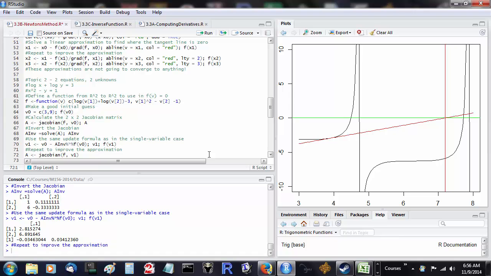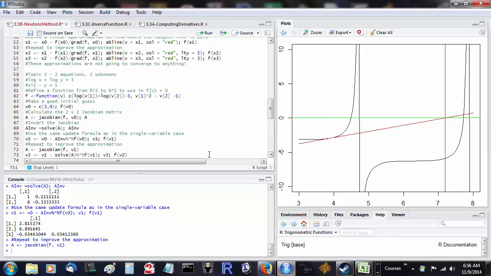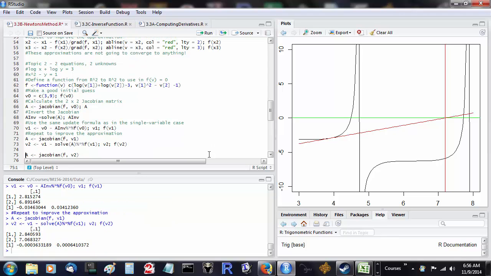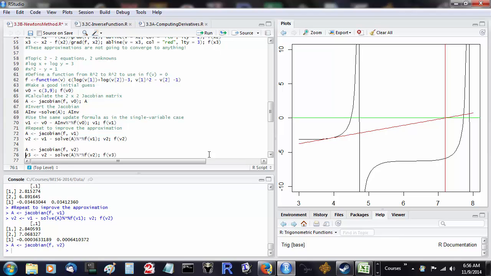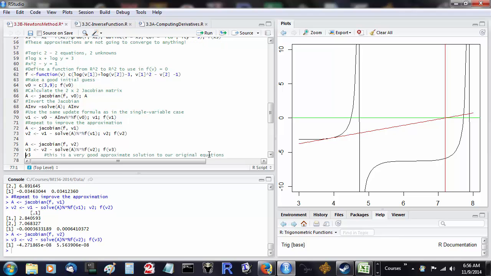Evaluate the Jacobian at this new approximate value, v1. Use the same old update formula to get v2, and now we're really doing great. We are off only by something times 10 to the minus 4th in both components, but we can do better yet. One more iteration.